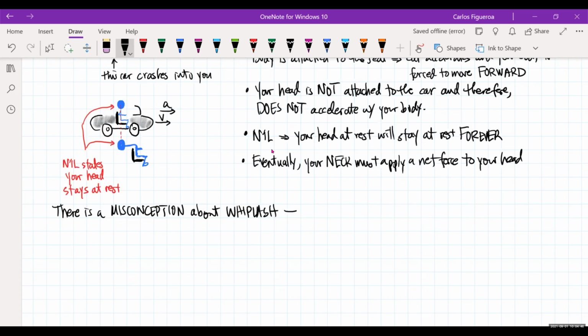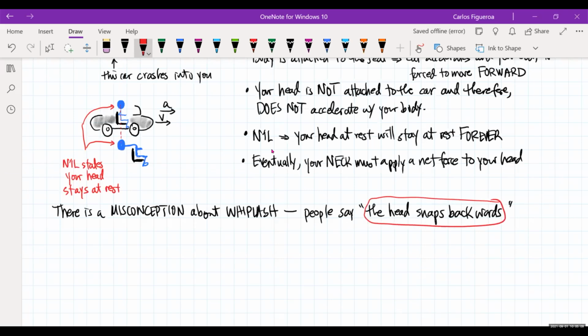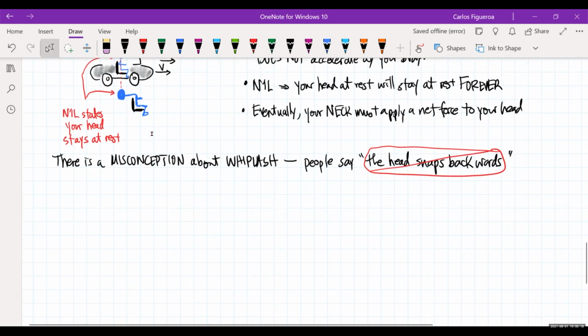What you find is that people say the head snaps backwards. That's what they say. Well, guess what? It is a misconception. That is not what happens. That is not what happens. Whiplash is not about your head snapping back.